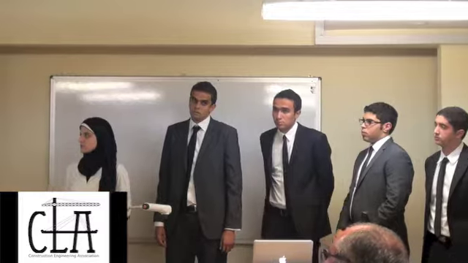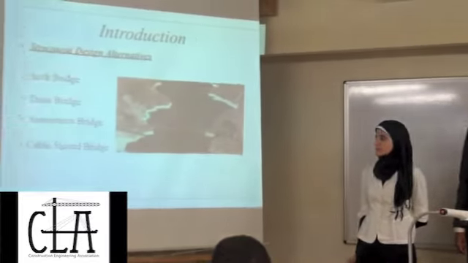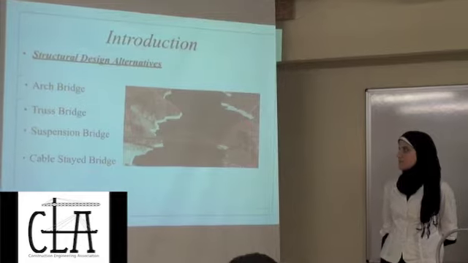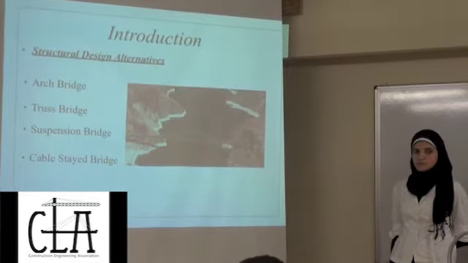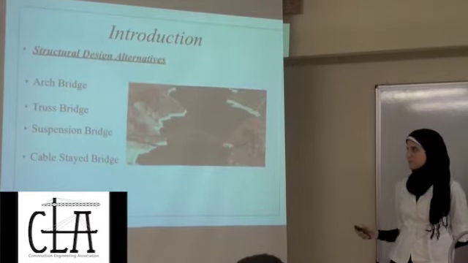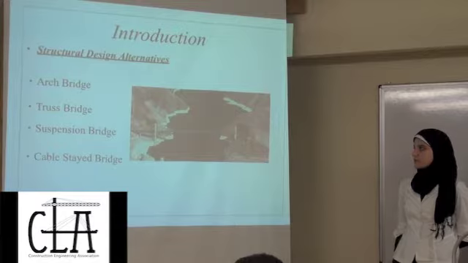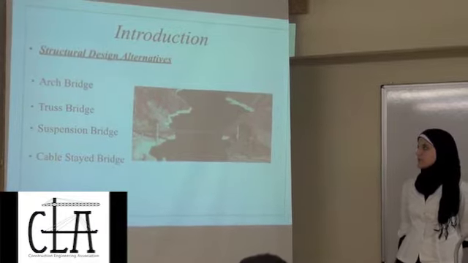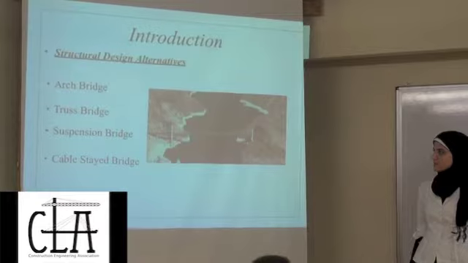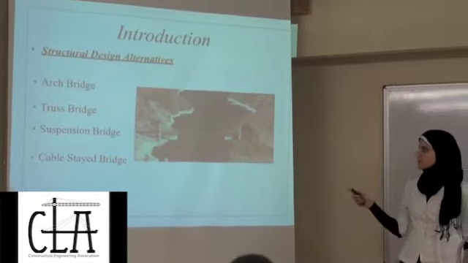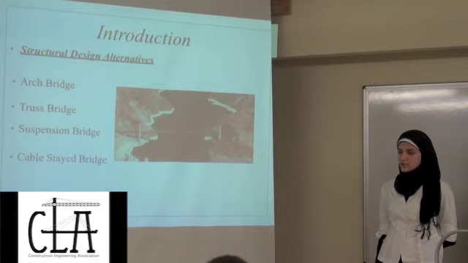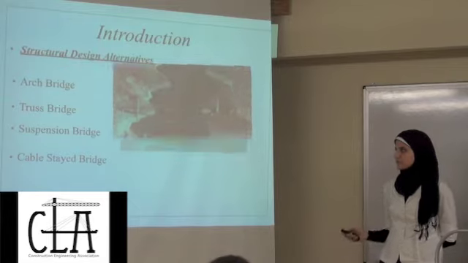Second alternative is a truss bridge, in which a truss arch is used instead of a concrete arch, so it's lighter in weight and has less dead load. However, it needs more maintenance, so it's more expensive. The third alternative is a suspension bridge, in which two towers are used to carry a suspended cable, which carries the deck through hangers. Its main advantage is that it can span up to 2,000 meters, however, it's expensive.